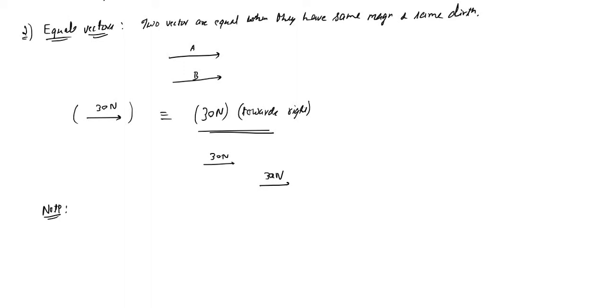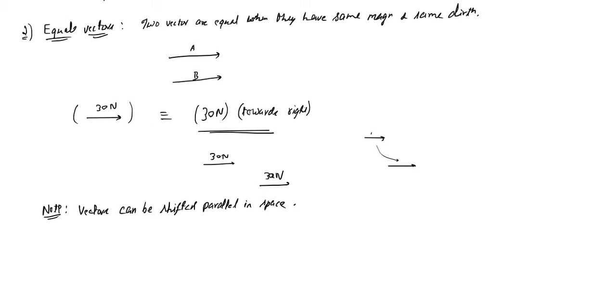That means if we have this vector, we can shift it to this place. So this vector and this vector are exactly the same vector. So if we shift a vector parallelly, the vector quantity will not change.